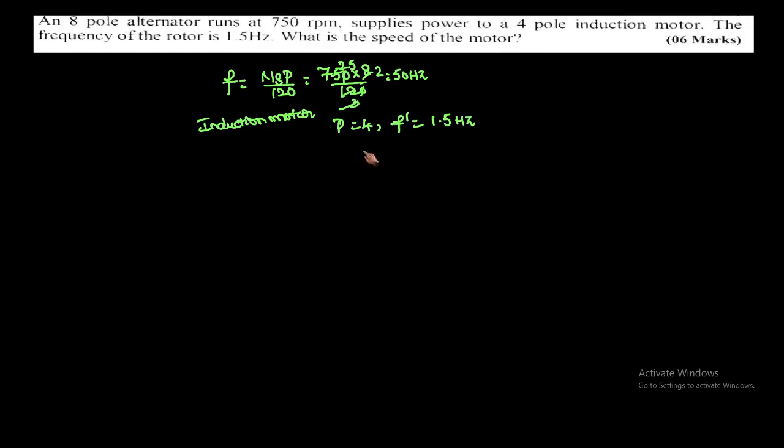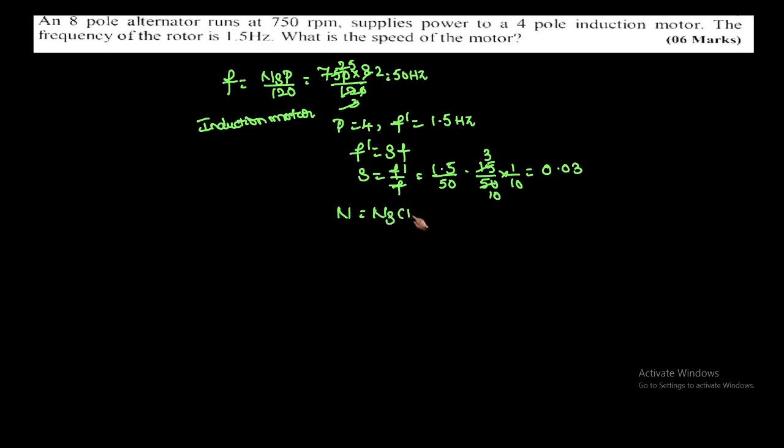F dash is S times F, so S is F dash divided by F, that is 1.5 divided by 50, which is approximately 0.03. That is the slip. The speed formula is Ns into (1 minus s). So let us first calculate Ns.